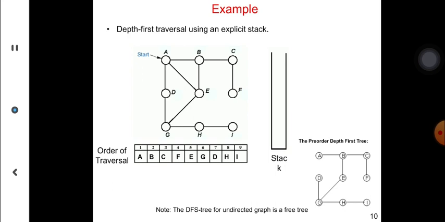Yes, E, so you come into E because you finished, and after E, the next adjacent is G, because from E to G, and then G to D, but you have to avoid the cycle, so you come from G to H, and then finally I. So the traversal is the depth. You can understand it's not by breadth, because you are covering the depth of each path.